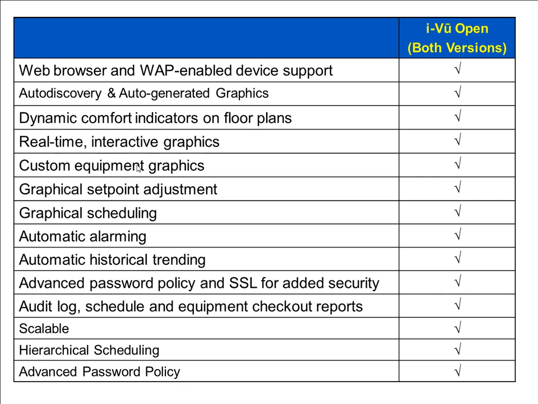We'll also give you real-time interactive graphics, custom equipment graphics, graphical set point adjustment, graphical scheduling, automatic alarming, automatic historical trending, advanced password policy and SSL for added security, also allowing you to do audit log, schedule, and equipment checkout reports.